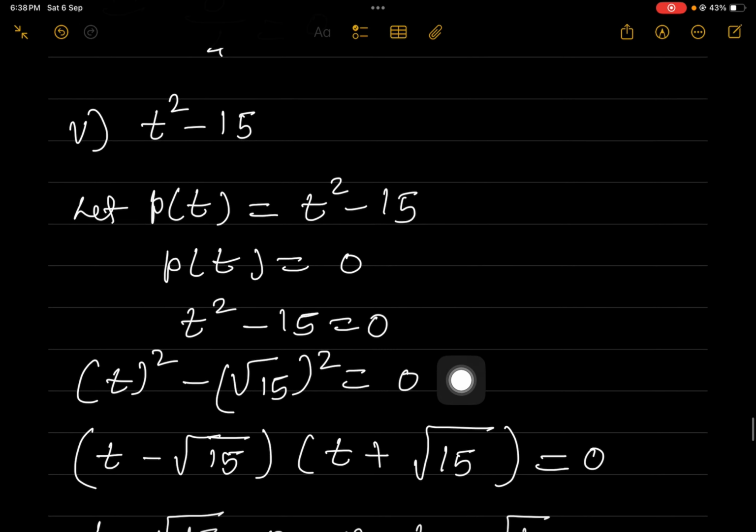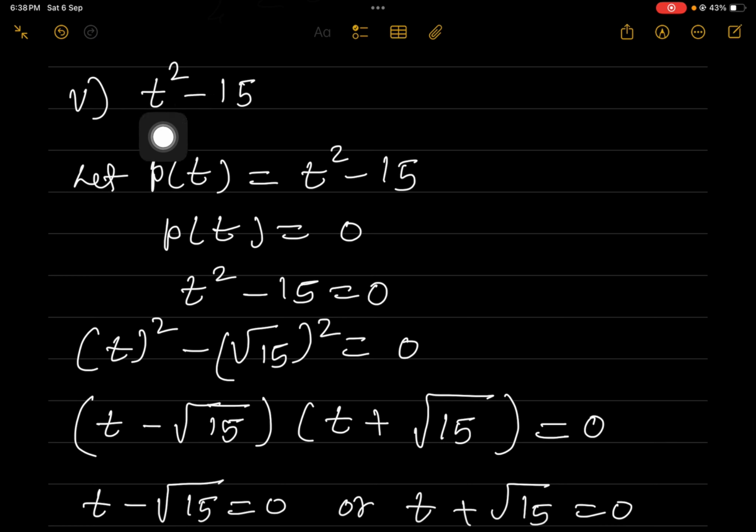Then next, fifth example, t square minus 15. Now let p of t equal t square minus 15. Here the first term t square is there, the middle term is absent, and minus 15 is the constant term.